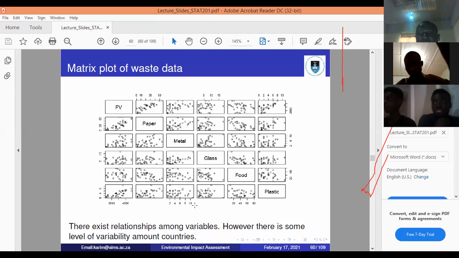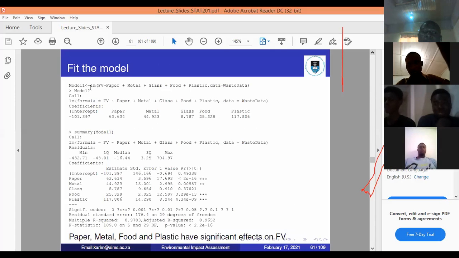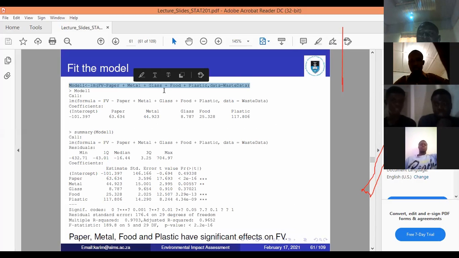We need to establish a relationship between fuel value and paper, metal, glass, food, and plastic. So how is that going to be? We are fitting a linear model just like we did before. The lm stands for linear model, and we have the fuel value, paper, metal, glass, food, and plastic.